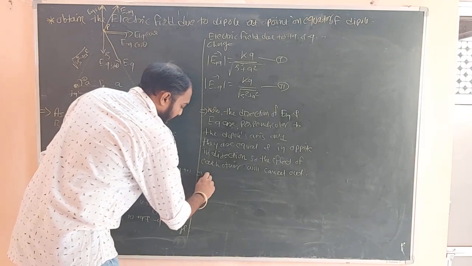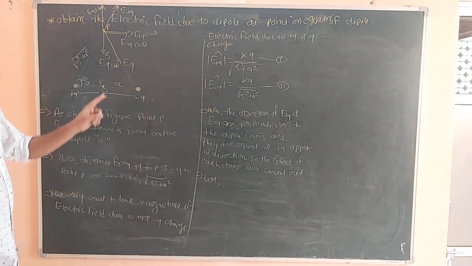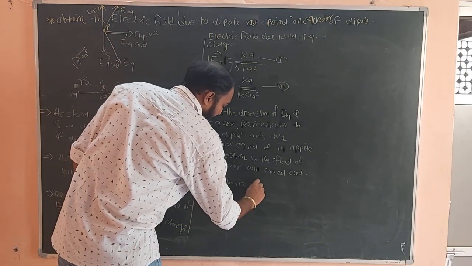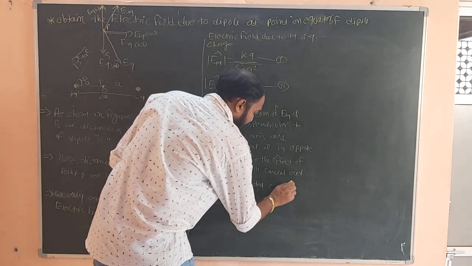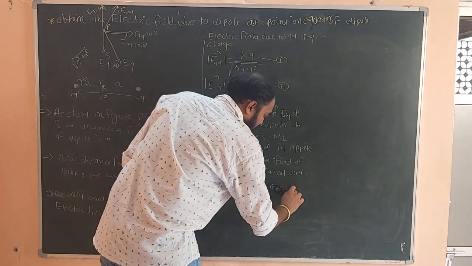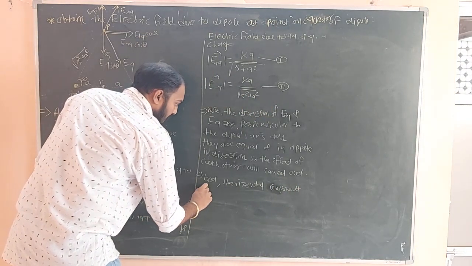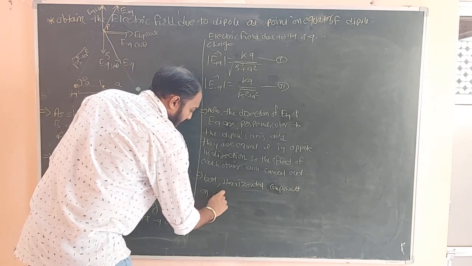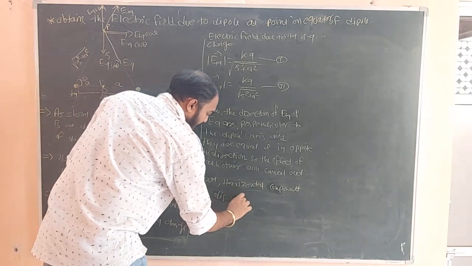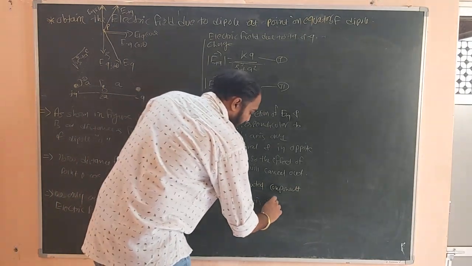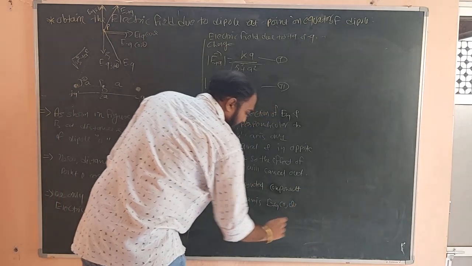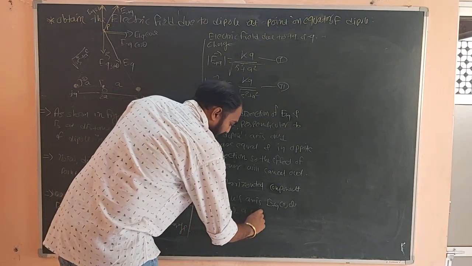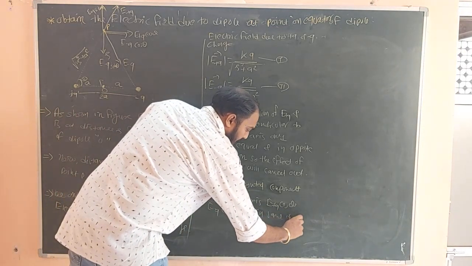But the horizontal components on the dipole's axis, E plus Q cos theta and E minus Q cos theta, are in the same direction.